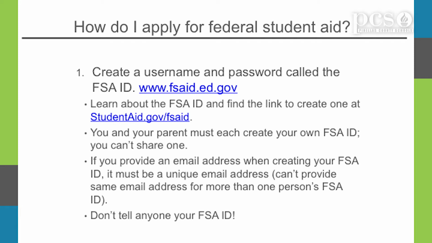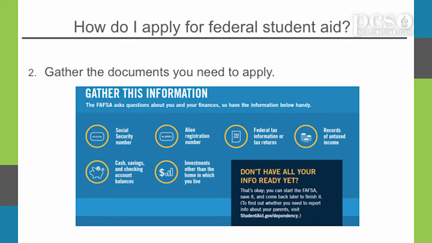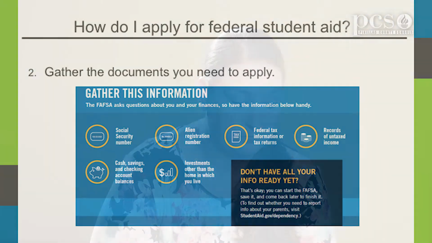Once you've created your username and password for both the student and parent, you're going to need to gather some additional information to complete the FAFSA. You will need social security numbers for the parents and the student enrolling in college. Or if you're an eligible non-citizen, you'll need your alien registration number. You'll also need to gather your federal tax information or tax returns, records of untaxed income, cash and savings balances, and investments and other things, other than the home which you live in.